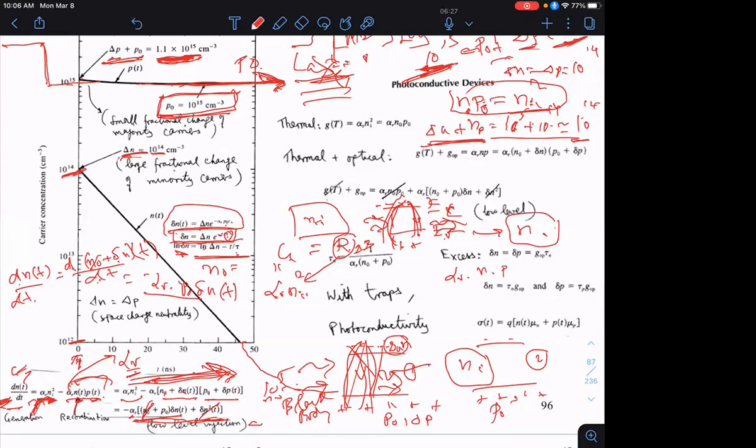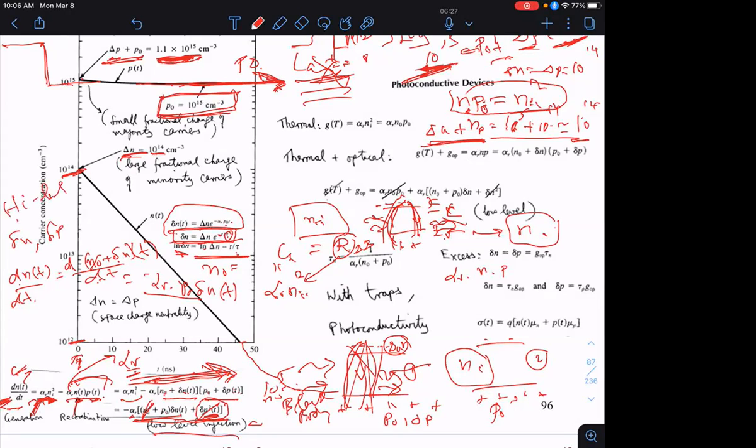Now, sometimes you will have a high enough photon flux where the number of electrons and holes that I create are actually quite large. So delta n or delta p can be large, in which case you cannot ignore the delta n squared term. That's known as high level injection.